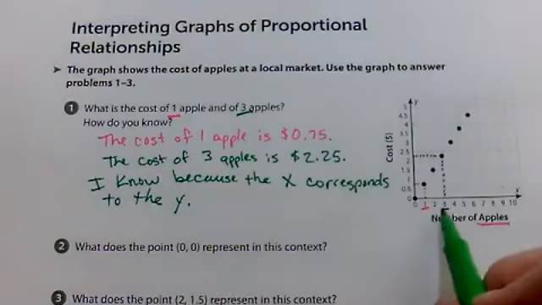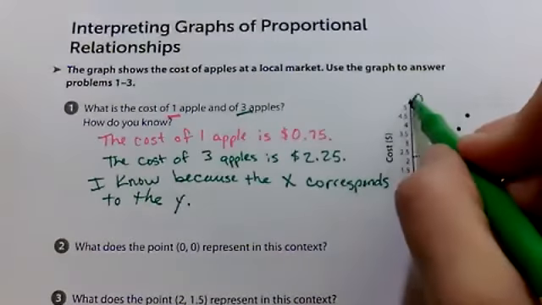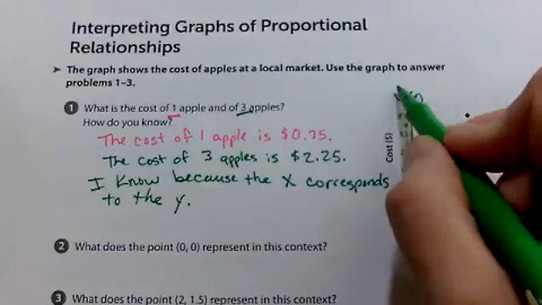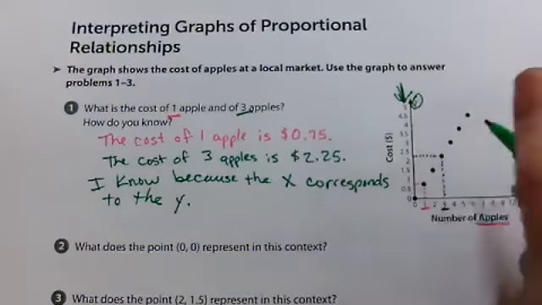And when I say corresponds, this is my x right here. This is my y. So when I'm looking at my x value and I follow it up, I'm going across y.